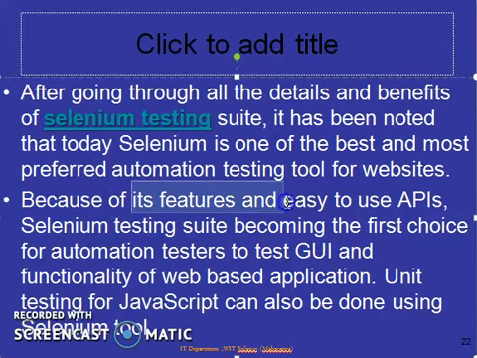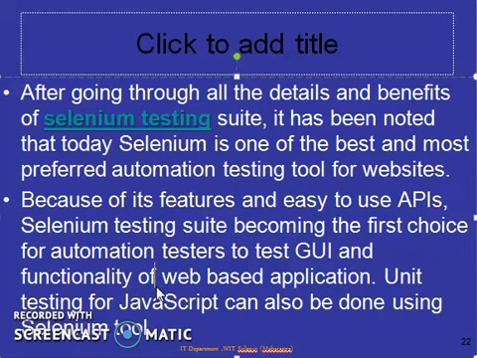Because of its features and easy to use APIs, the Selenium testing suite is becoming the first choice for automation testers to test the GUI and functionality of web-based applications. Unit testing for JavaScript can also be done using the Selenium tool. So all these are great advantages of Selenium testing. That's why Selenium is famous.